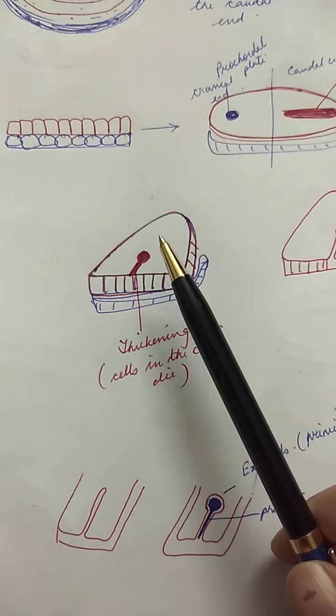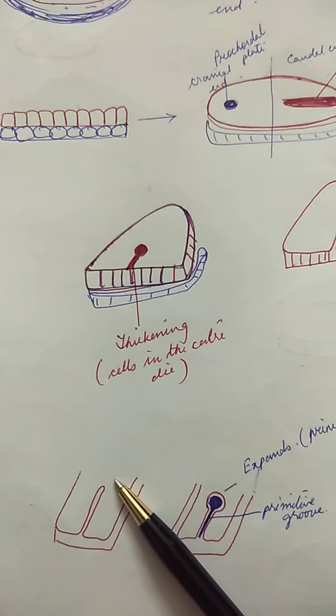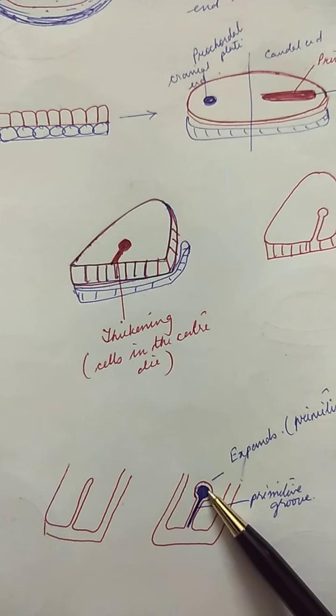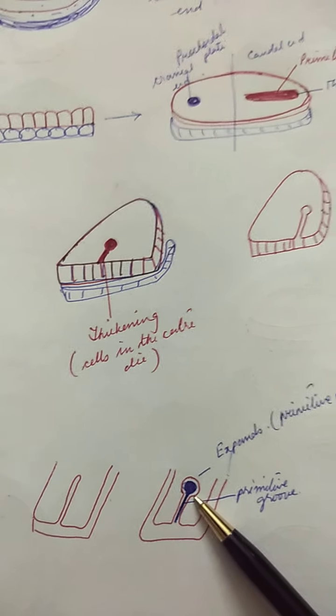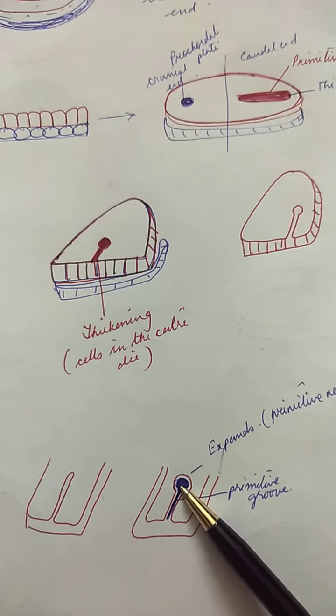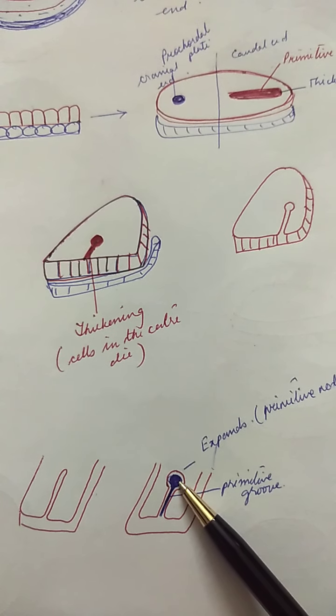At the cranial end of the embryonic disc, the primitive streak expands to create a primitive node which contains a circular depression called primitive pit.